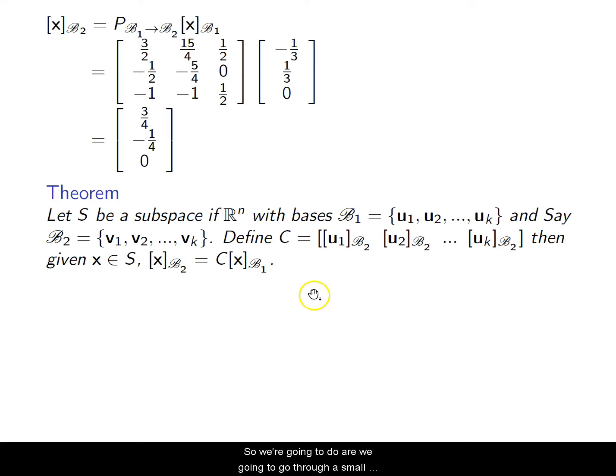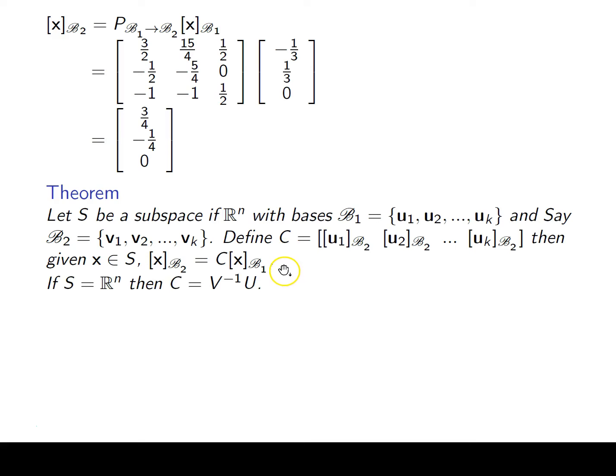So we're going to go through a small example. We're going to take a basis B1, take its column vectors, and represent them in the second basis that we have. We're going to turn that into a matrix, and then multiply our representation of our vector in that first basis times this C matrix.